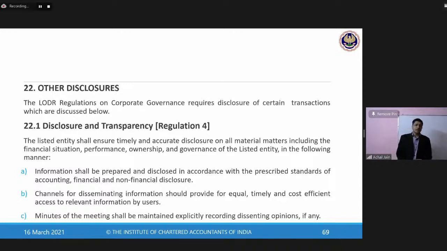So today we will continue with our discussion on LODR, that is about SEBI regulations. In the last session, we discussed various requirements of the LODR, and as we discussed, most of these points will require an understanding, but there are certain points in this chapter which you'll also have to remember.